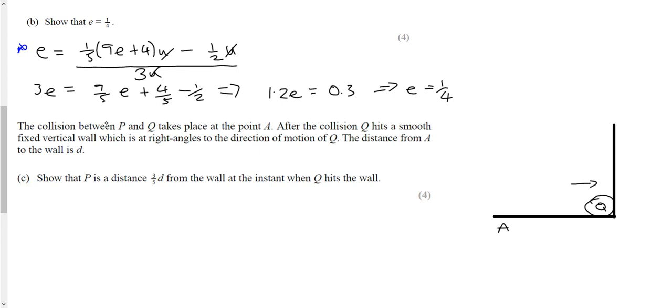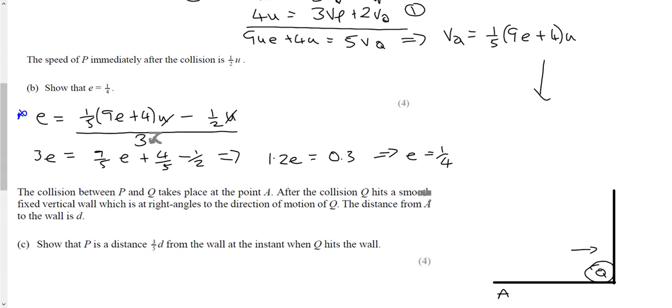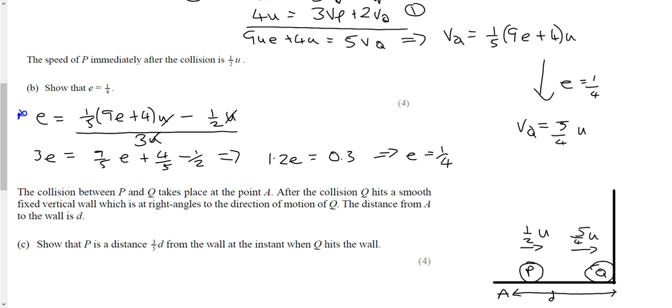Now when it does that, it's going to have its velocity, but we now know that E is a quarter. So if you sub that in, you can find out that that is 5/4u. Meanwhile, particle P is going to have moved along a bit, and we know that its speed was a half u.